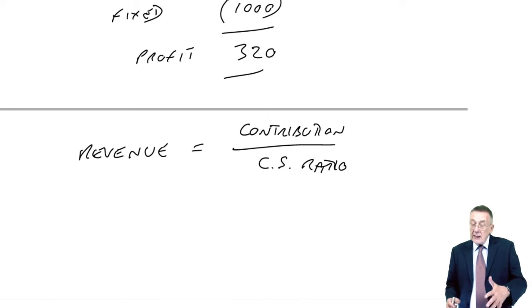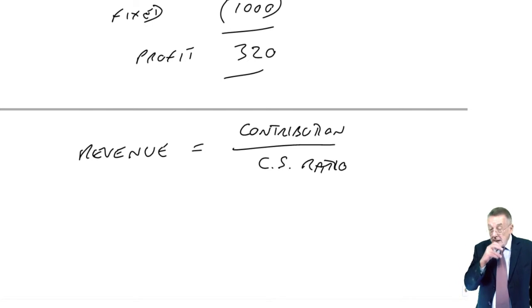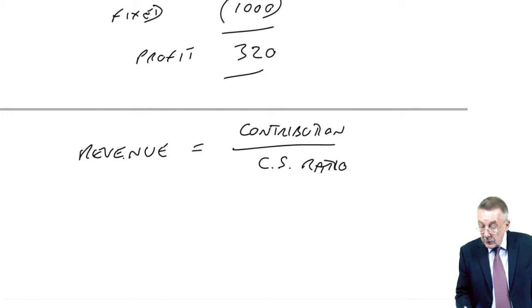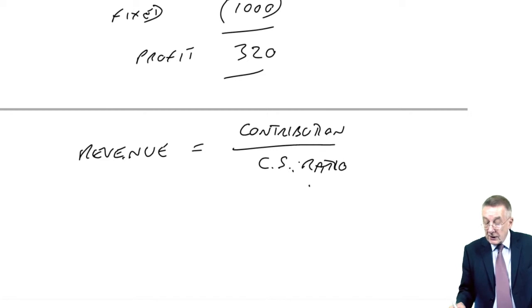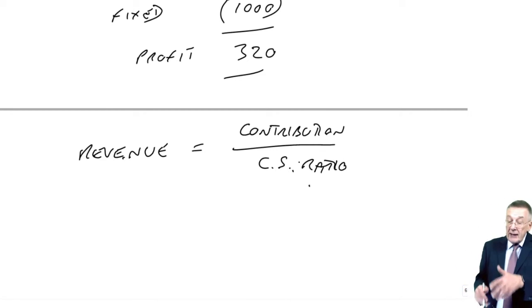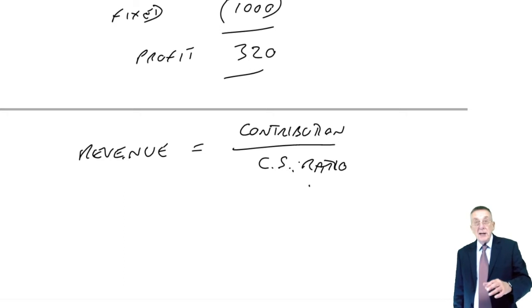Now think about that and learn it if you need. But remember, revenue times CS ratio is contribution. CS ratio is contribution divided by revenue. Rearrange it. The revenue must be contribution divided by CS ratio.